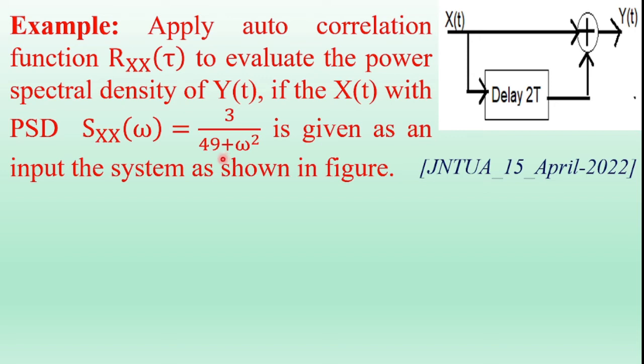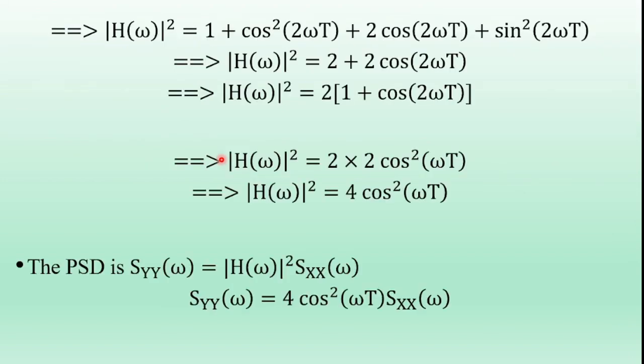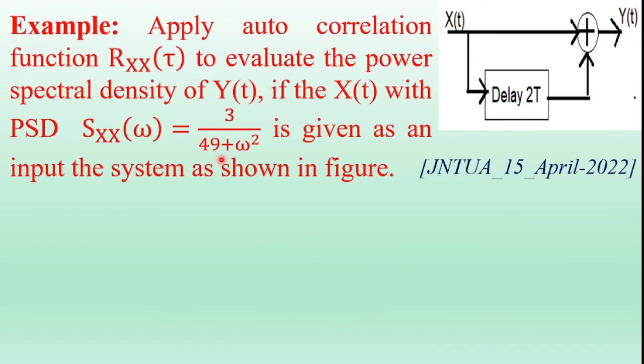Finally, the power spectral density of y of t is Syy of omega equals magnitude of h of omega whole square into Sxx of omega. The magnitude of h of omega whole square for the given system function is 4 cos square of omega t.